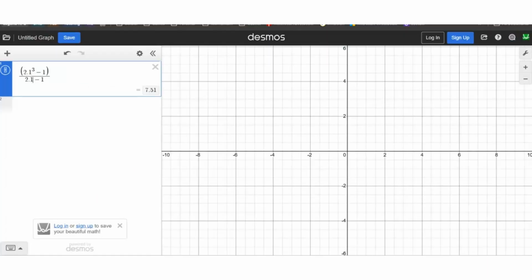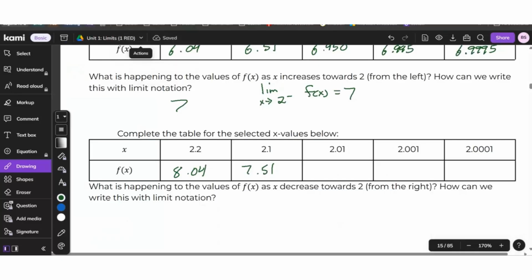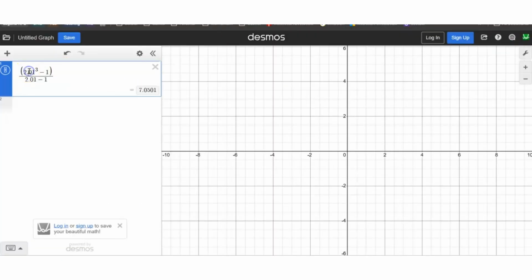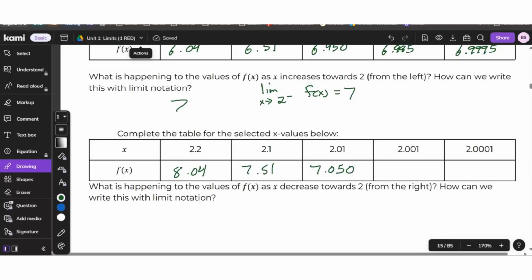Then I do 2.01. And I get 7.05. And then I'm probably going to add another 0 in there, right? We're gonna check the last one. 7.005. And then 7.0005.